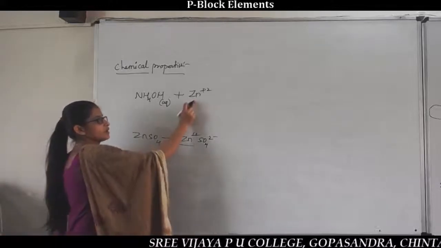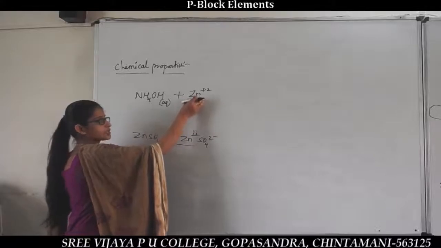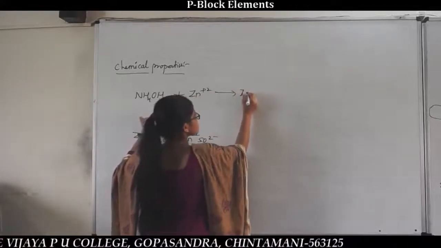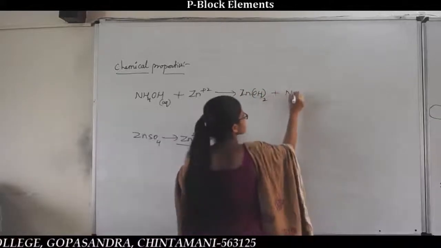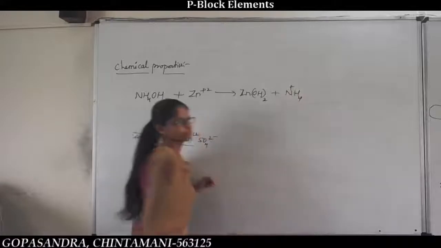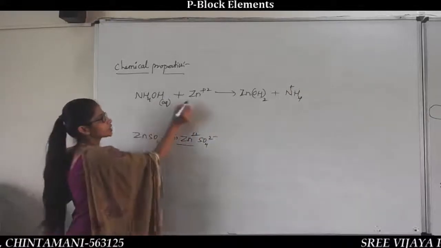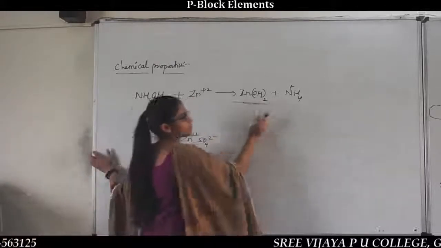It reacts with the metal we called zinc, this is called a salt solution. ಅದರಲ್ಲಿ ಏನಾಗುತ್ತೆ, it reacts with the zinc, it gives us zinc hydroxide plus ammonium ion formation. This is the reaction, see NH4OH, Zn2+, ಅಲ್ಲಿಗೆ zinc hydroxide formation ಆಯ್ತಾ.